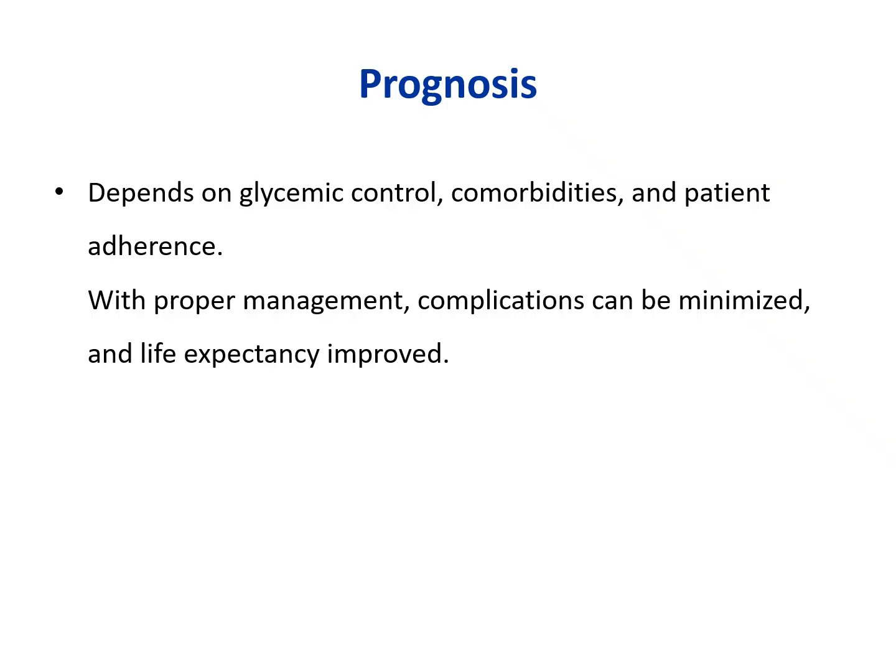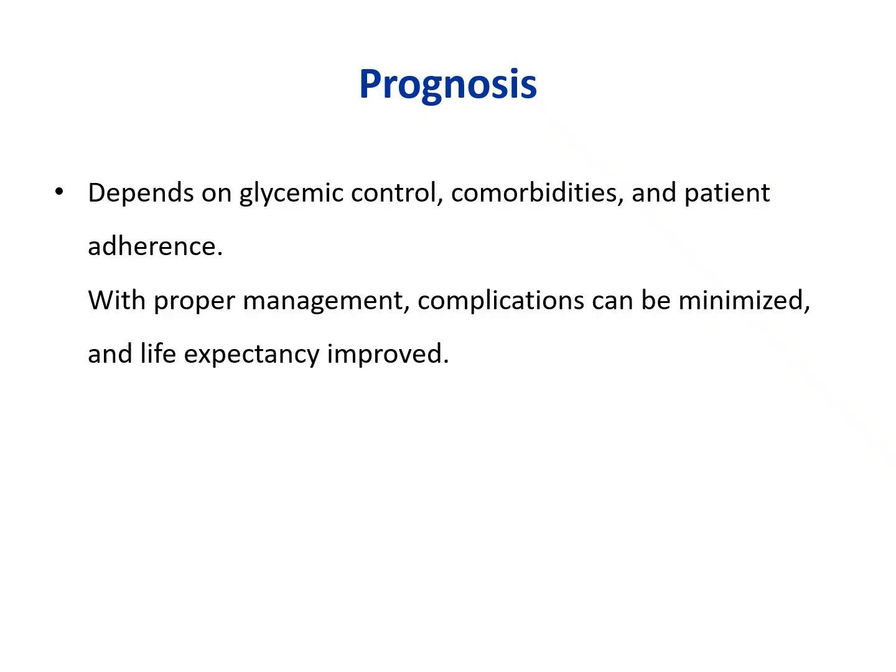If they don't control their blood glucose, if the patient has some other related disease with this disease, and how the patient treats themselves, how they follow the treatment regimen, and how they follow the follow-up. These all pave the way in the prognosis of the disease.